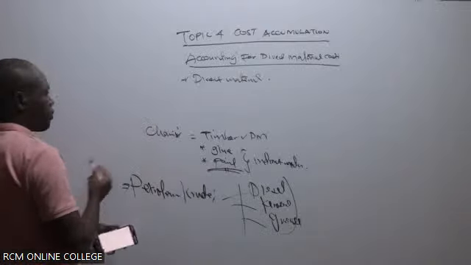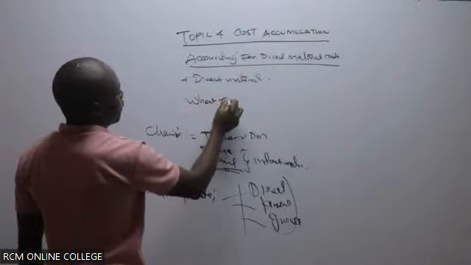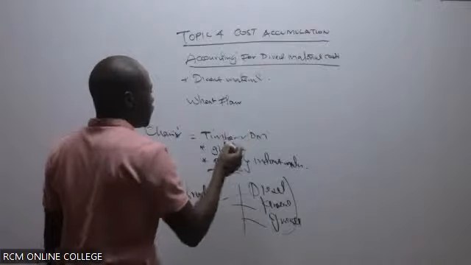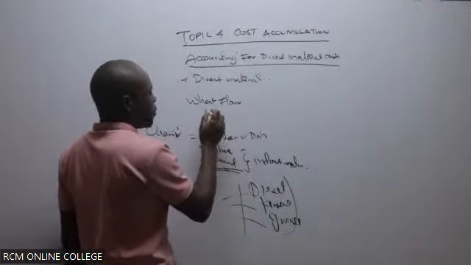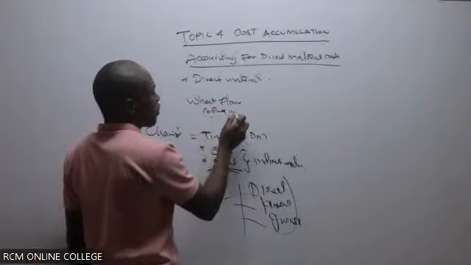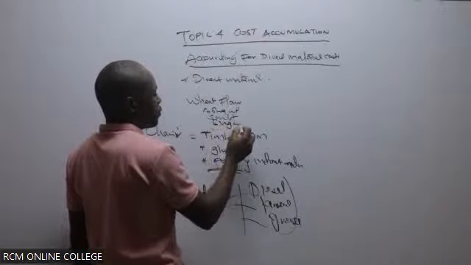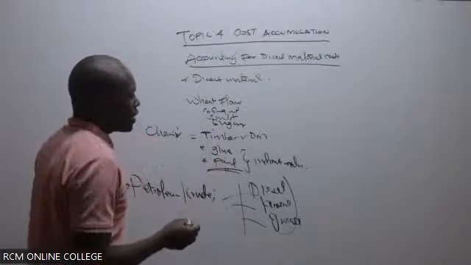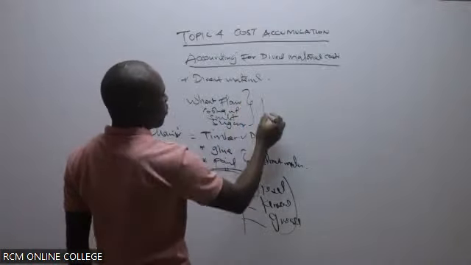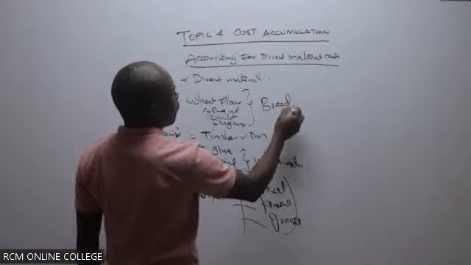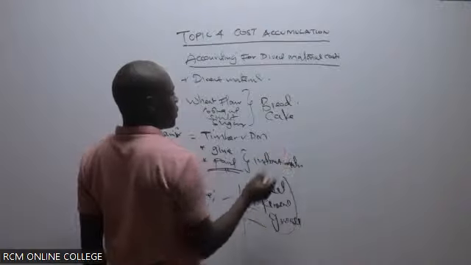When I have wheat flour, I'm going to process it. I'm even going to bring other items, maybe cooking oil, salt, maybe sugar or whatever. All these are the requirements for you to prepare bread, cake, things of that kind.